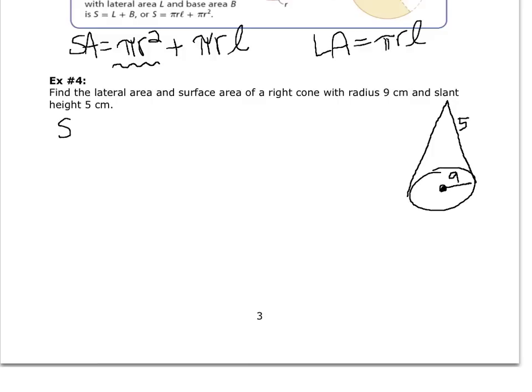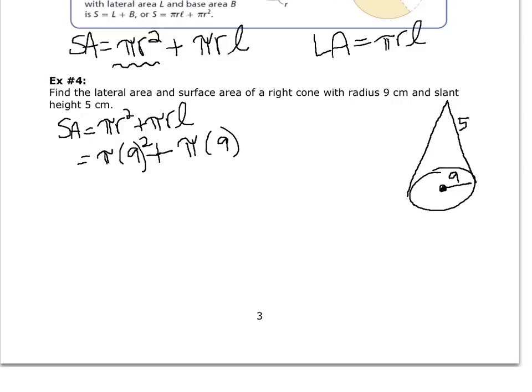So surface area formula, step 1, I want you to always write the formula. Pi r squared plus pi r l. Cones are very quick. All you need is radius and slant height, and I have that on this one. So I'm going to do pi, my radius is 9, so plug in your numbers. Pi times 9 squared plus pi times 9 times 5.